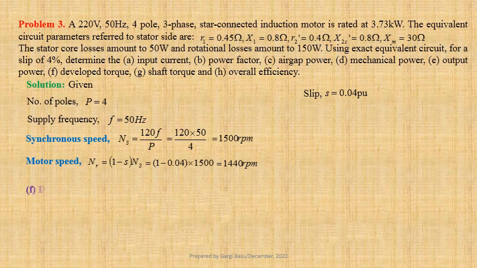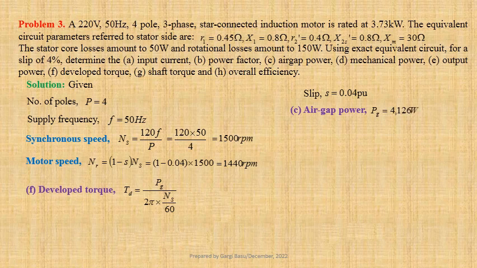Expression for developed torque Td equals Pg divided by 2 pi into Ns by 60. We have obtained air gap power Pg equals 4126 watts.